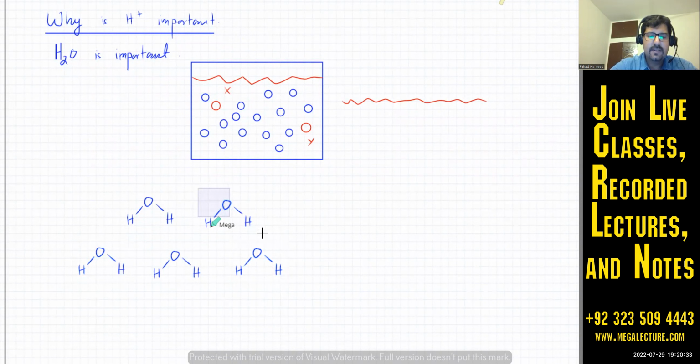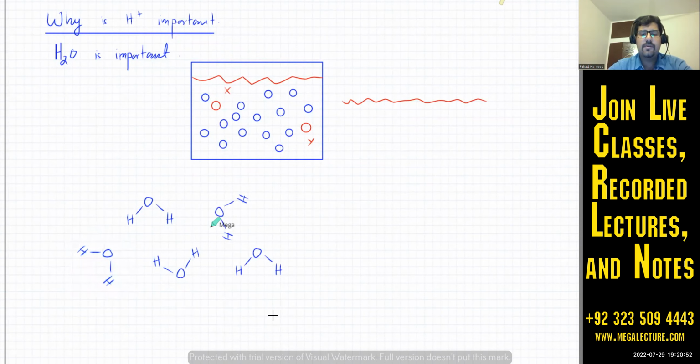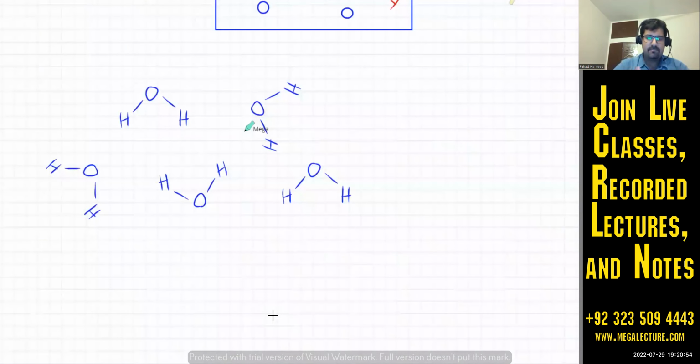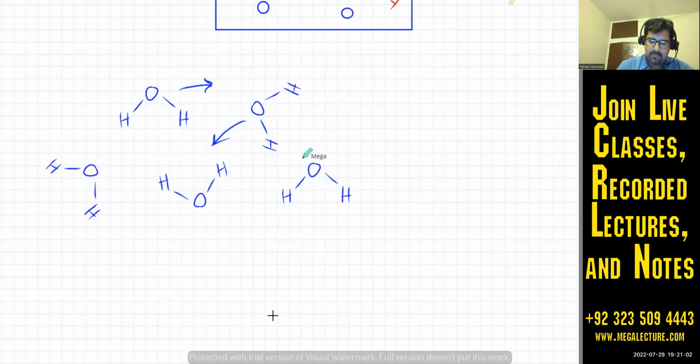So let's say I've got 5 water molecules, and all of them are randomly moving around, just liquid water where the particles are moving around, randomly colliding with each other.